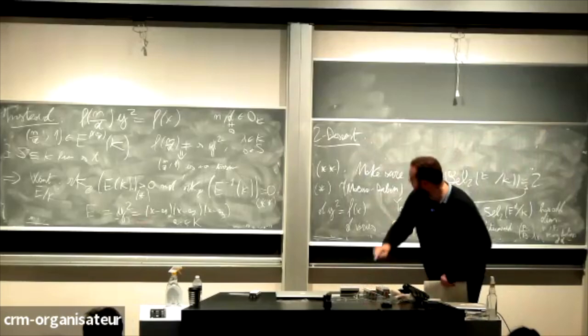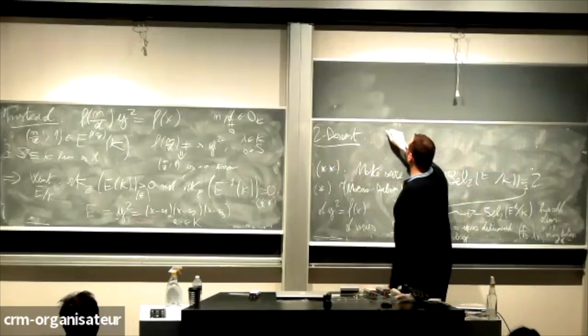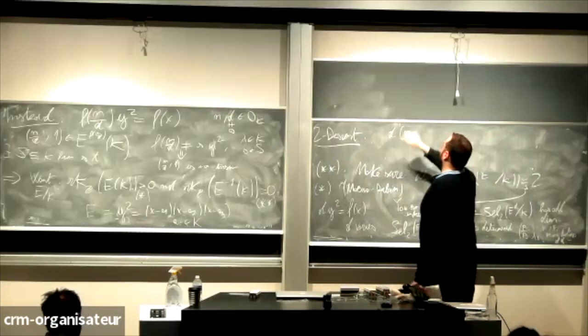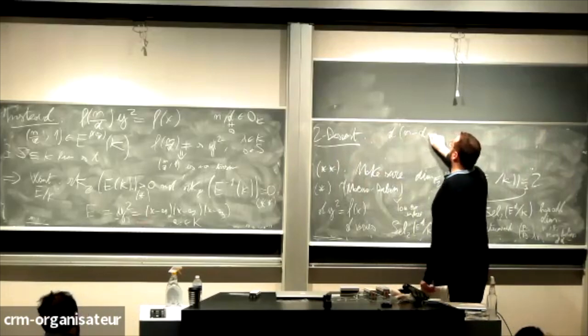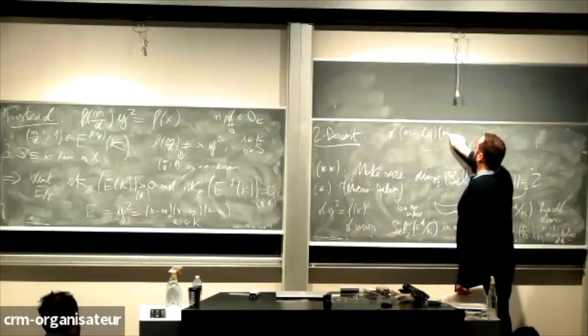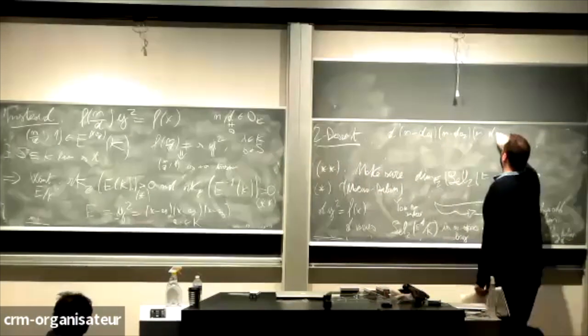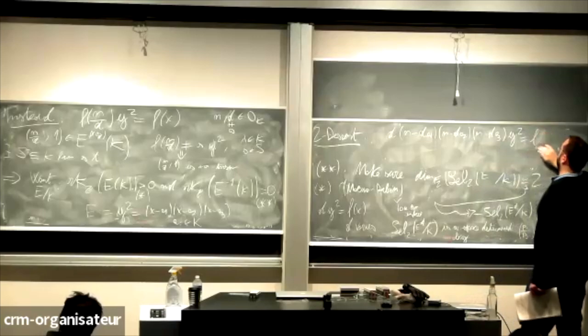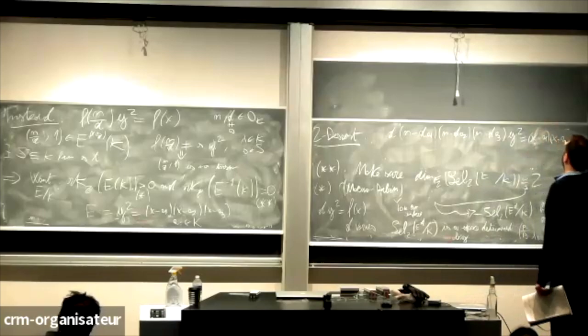We have to do two-descent on F_{n/d}. I can multiply by d to the 4, absorb it in one of the variables, and you can write it in a homogeneous form like this: squared is f of x, where f is (x minus a1)(x minus a2)(x minus a3).